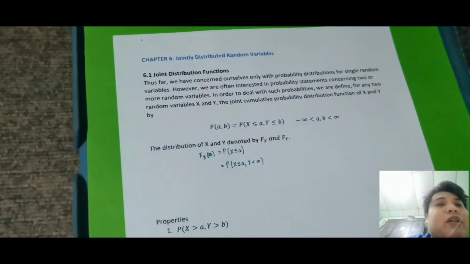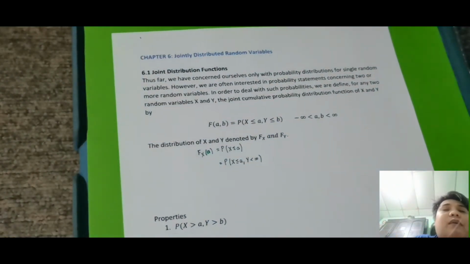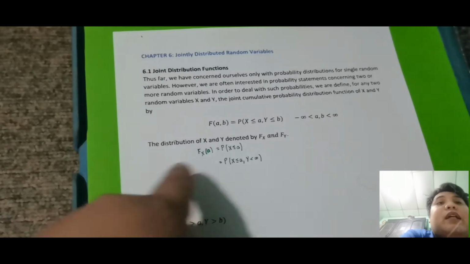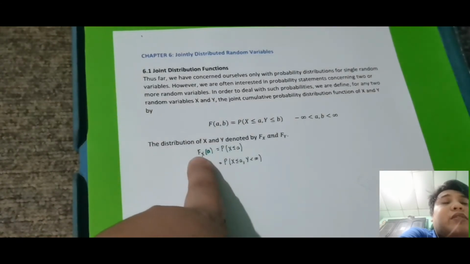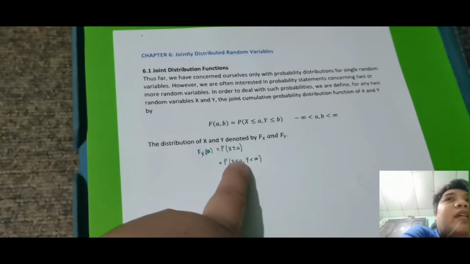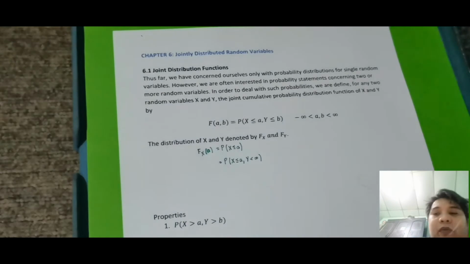Marahil magtataka ka, bakit po wala tayong nakalagay kay b or kay Y? Kasi wala tayong dineclare kay b. Alam lang natin na si Y is less than infinity. So nag-e-exist si random variable Y, but hindi natin alam kung hanggang saan, kung anong value siya, kung b ba siya or something.